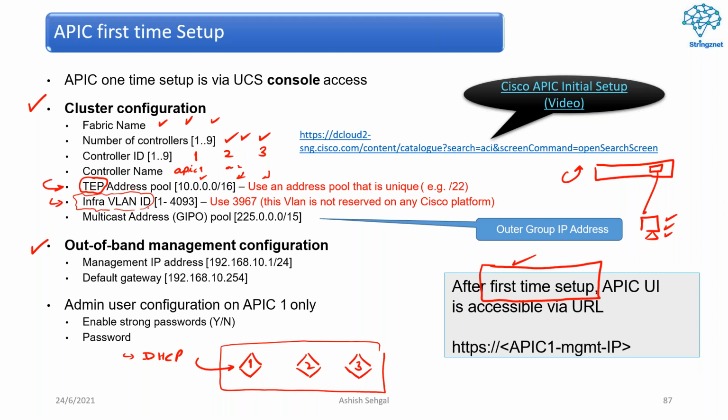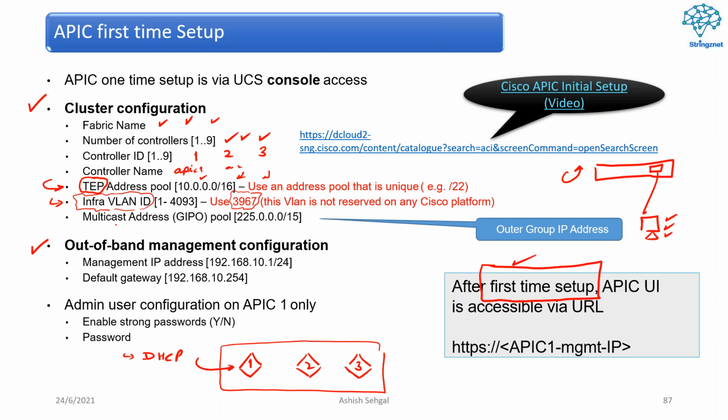VLAN ID is indeed a .1Q VLAN ID ranging from 1 to 4093. Do not take the reserved VLAN IDs. Cisco's recommendation is to take 3967. Rest is your choice if you want to take any other. But make sure the VLAN ID so used should not be used by you for the configuration.